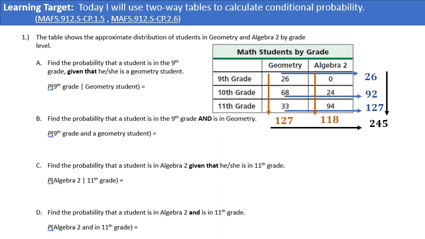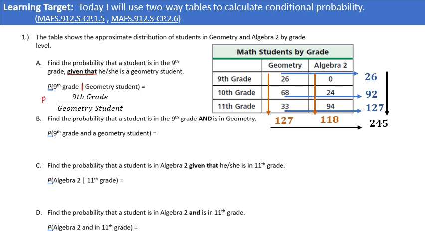Okay? All right, so let's look at A. Find the probability that a student is in 9th grade given that he or she is a geometry student. Now we're not talking about everybody. We're only talking about geometry students. Here's a little shortcut. When you say the probability of 9th grade given that, that's what this line is, geometry student, in your mind, all you have to do is change that into a fraction, and this is the probability we're going to find.